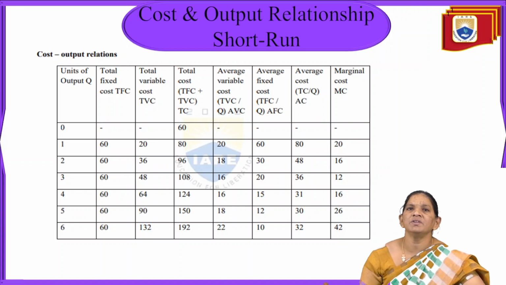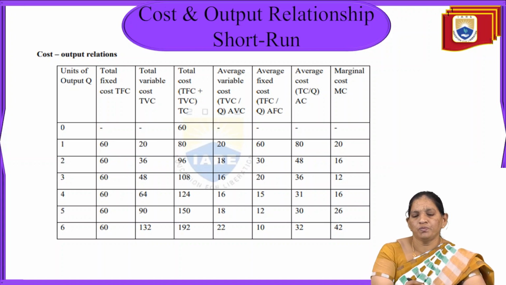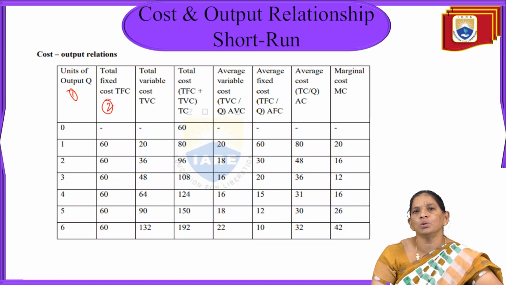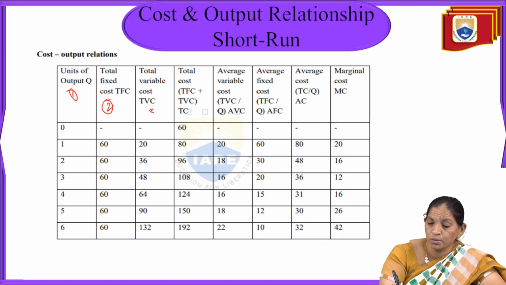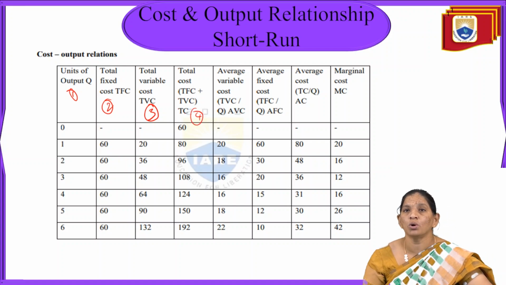In the first column we have the number of units, then total fixed cost in the second column, total variable cost in the third. When we add total fixed cost and total variable cost, we get TC, the total cost.